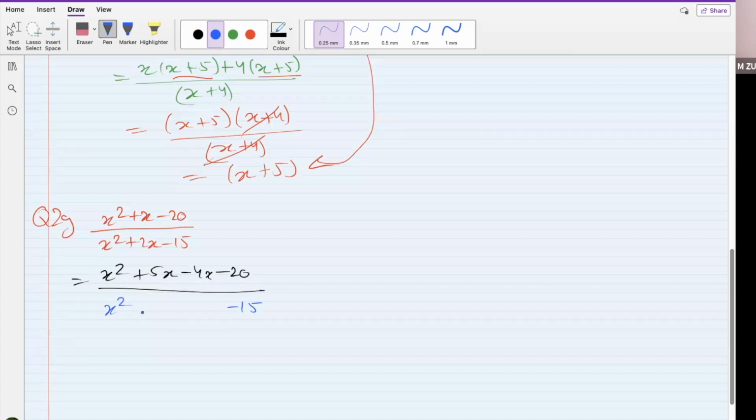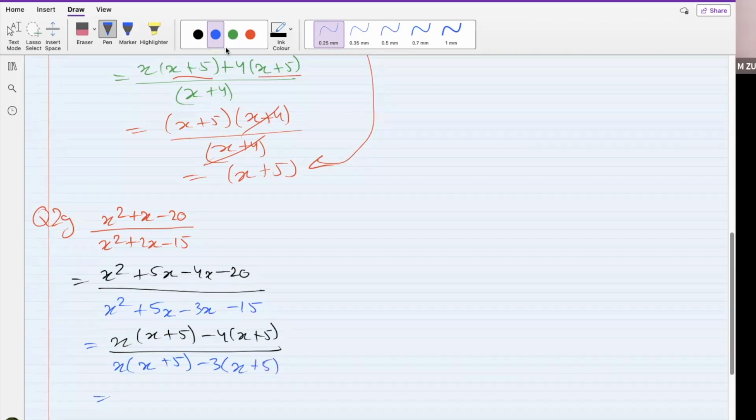And in the denominator, x square plus 2x minus 15. We are getting 3, so 5 and 3. 5x minus 3x in order to get 2. So in the numerator, x into x plus 5 minus 4 into x plus 5, and in the denominator, x is common, x plus 5, and then minus 3 into x plus 5. x minus 4 into x plus 5 divided by x minus 3 into x plus 5.